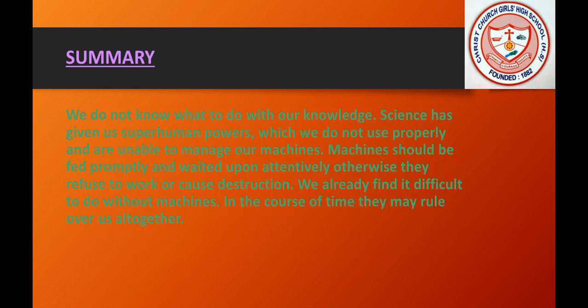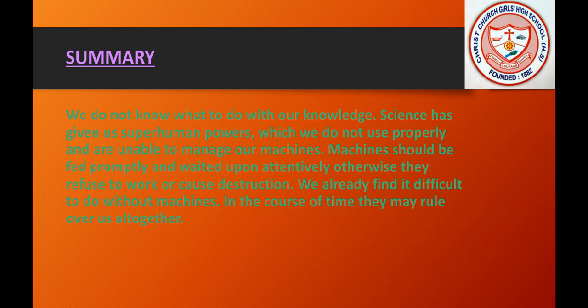So after selecting the relevant points, I am now going to read out the summary. We do not know what to do with our knowledge. Science has given us superhuman powers which we do not use properly and are unable to manage our machines.